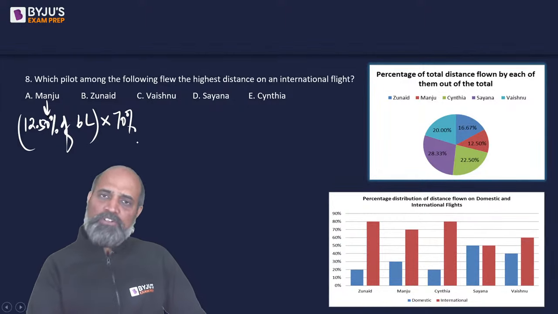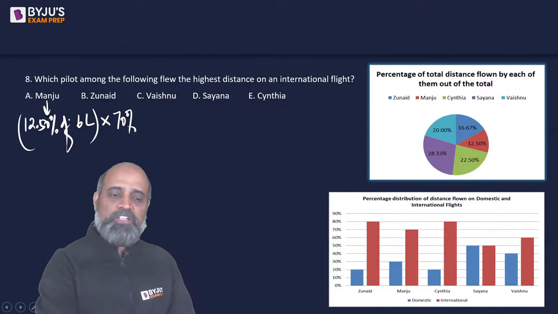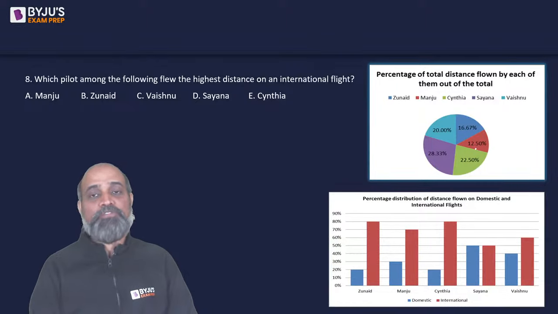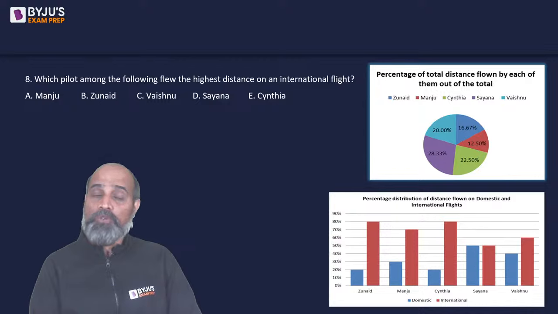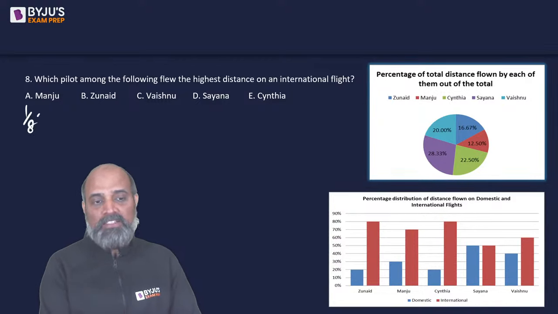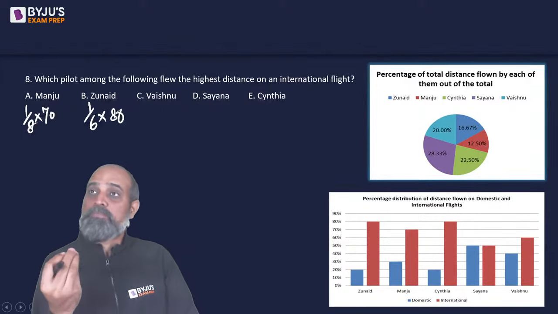If I similarly calculate for Zunaid, 6 lakh is still going to be there. So the base is not important. What is important is if we are able to multiply these two, what do we get? So in Manju's case, 12.5% is 1/8 of 70. In Zunaid's case, it's 1/6 of 80. So we have to find out which is the biggest value among these.